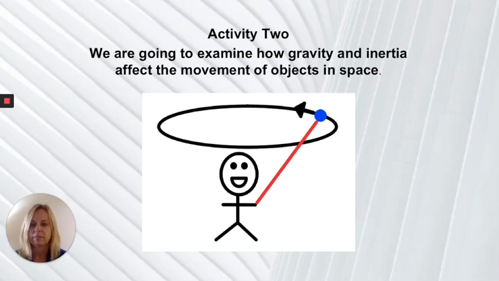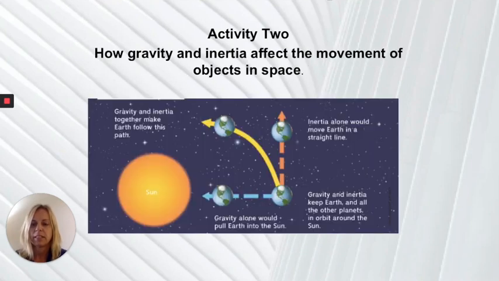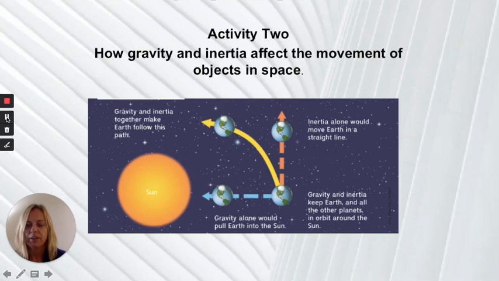Now, I want you to think about our solar system. The Earth moves in a path around the Sun, and it's held in its place by gravity and something called inertia.